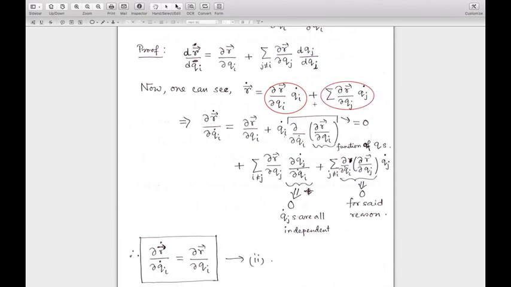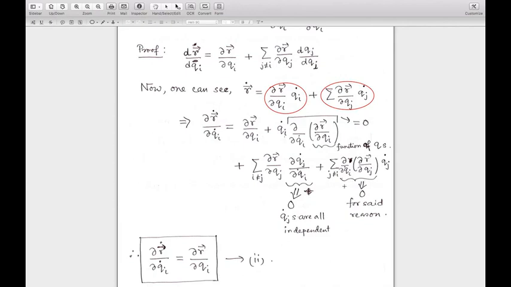Then ∂/∂q̇i will enter over here, and you will have two types of terms. One is acting on this ∂r/∂qj, that is the fourth term, and you can simply see again ∂/∂q̇i can commute with ∂/∂qj, and finally it will give 0 because r is not a function of q̇i.